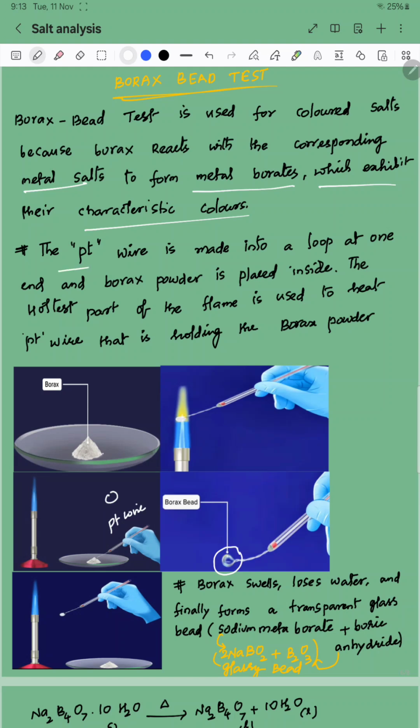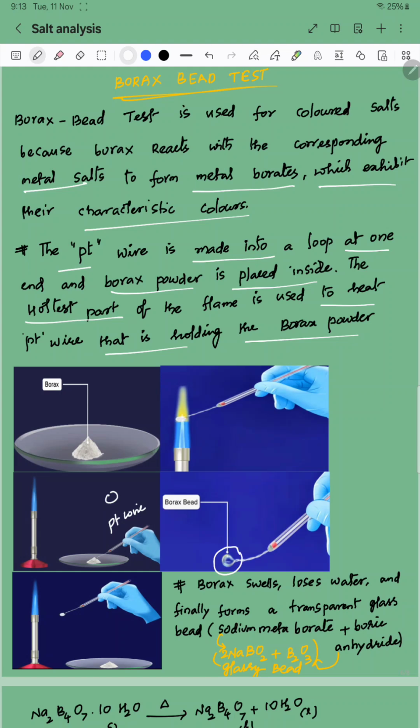The platinum wire is made into a loop at one end and borax powder is placed inside. The hottest part of the flame is used to heat the platinum wire holding the borax powder.